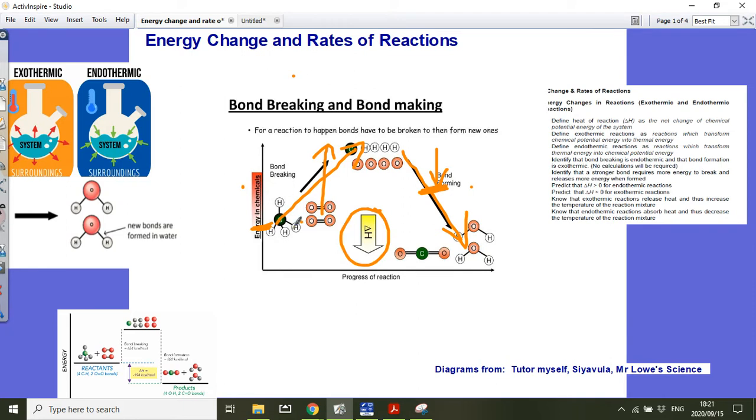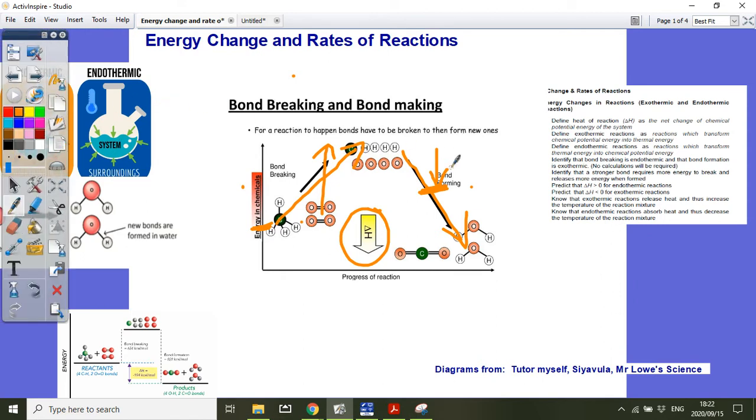So the energy is now inside the chemicals, so the system cools down. And if we look at exothermic, the chemical energy is now thermal energy. So the chemicals here lost energy to the environment, and therefore it's feeling hot.